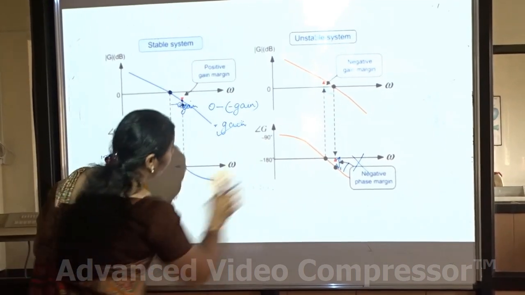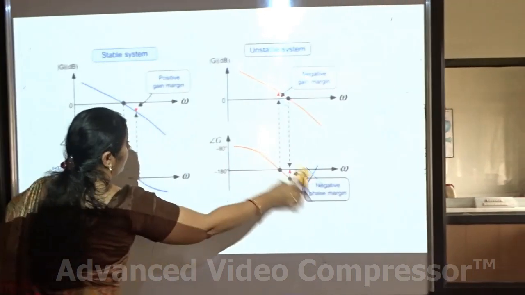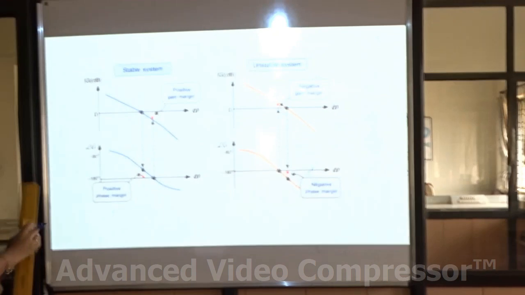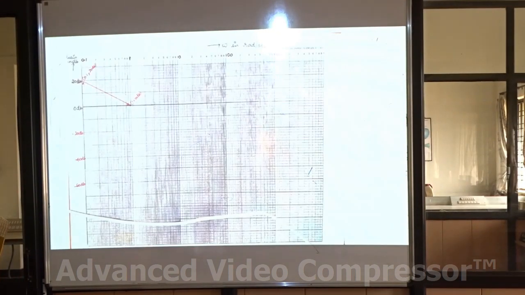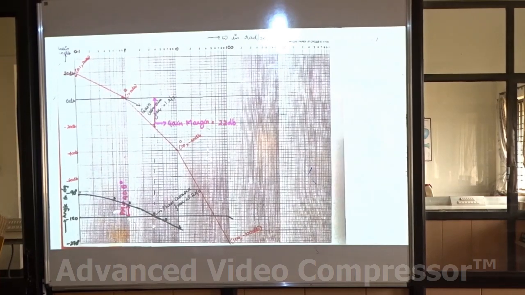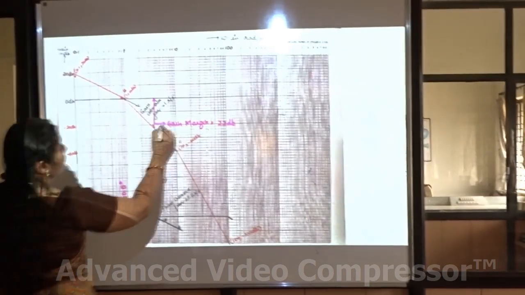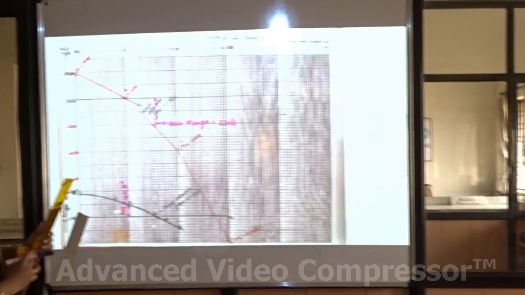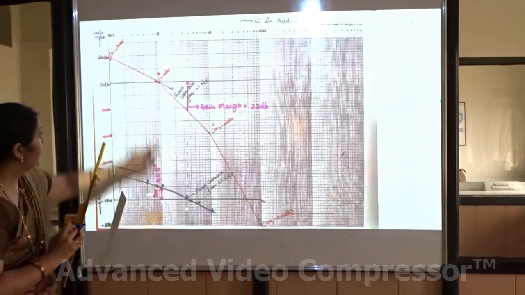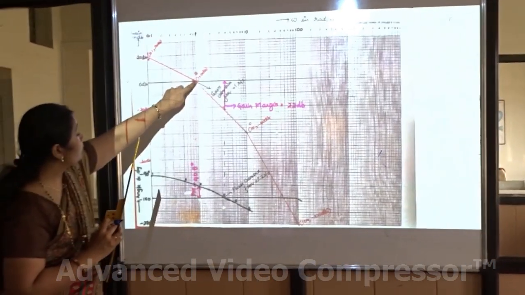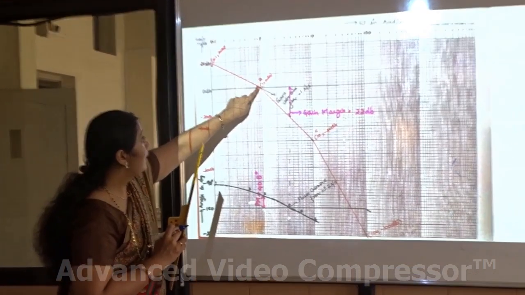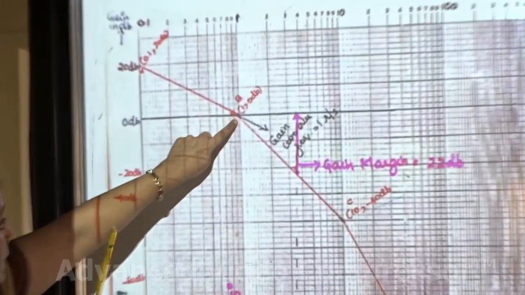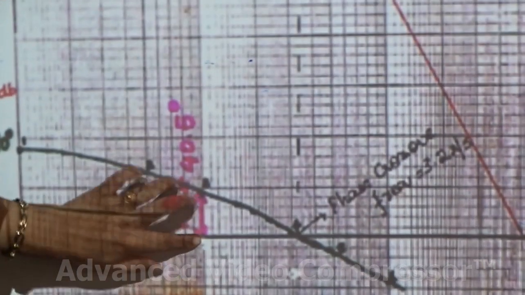So now going back to the previous problem which we were doing. We will see what the gain margin and phase margin there are. The gain margin is 22 and how are we calculating the phase margin? It is at the point where the magnitude plot crosses 0 at omega GC. At omega GC, whatever angle you get.